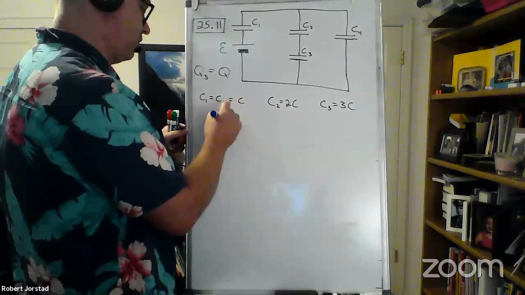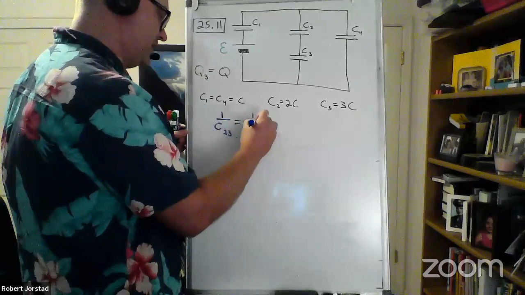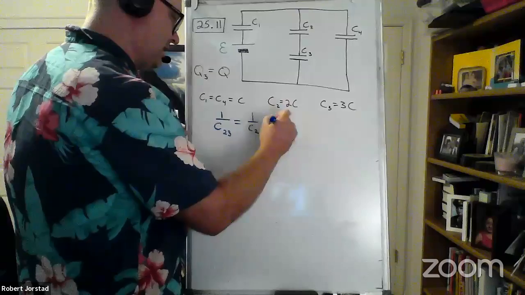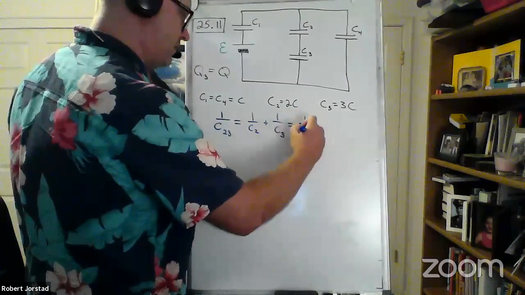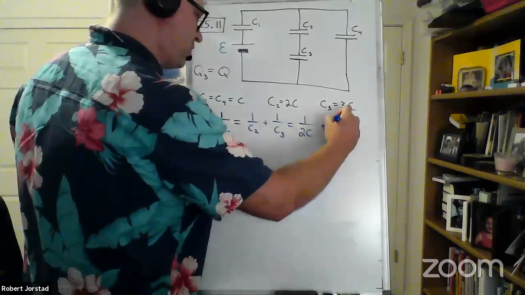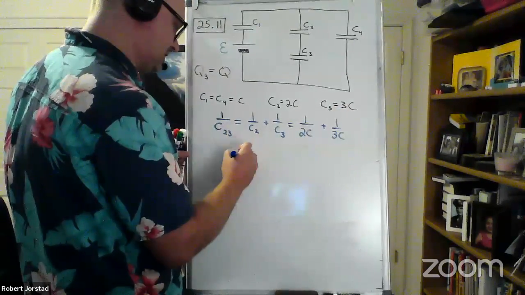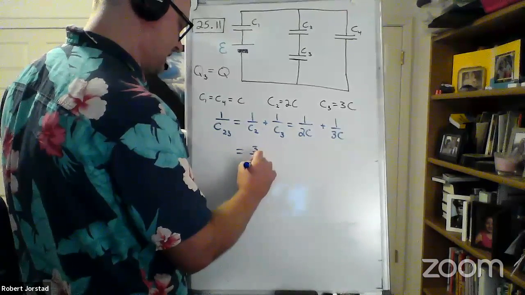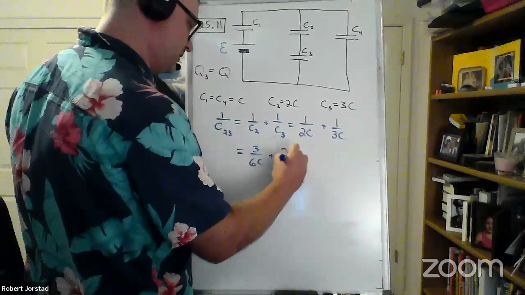Okay, so 1 over C23 should equal 1 over C2 plus 1 over C3. Well, that's equal to 1 over 2C plus 1 over 3C, which is equal to, let's see, 3 over 6C plus 2 over 6C.